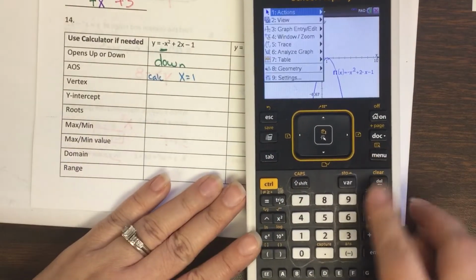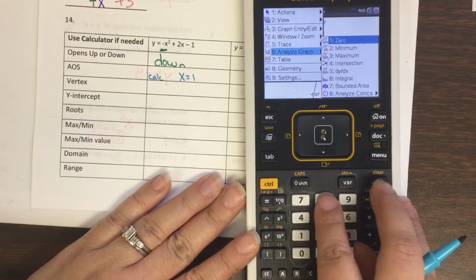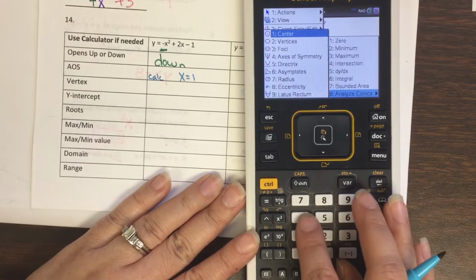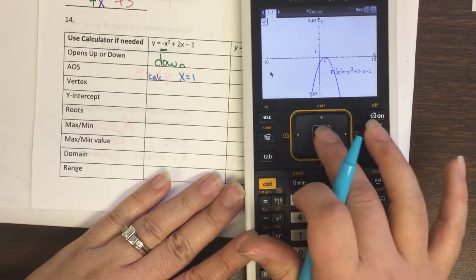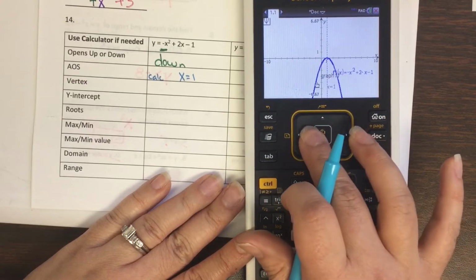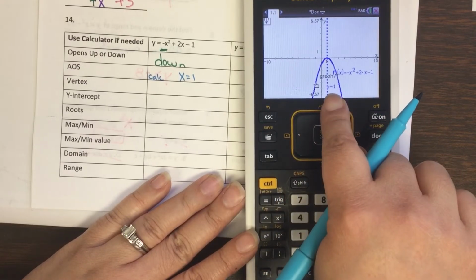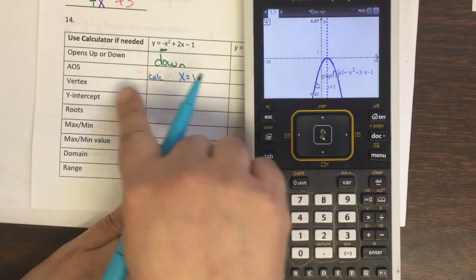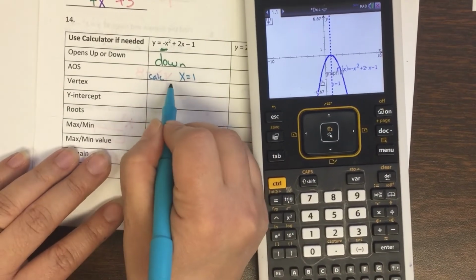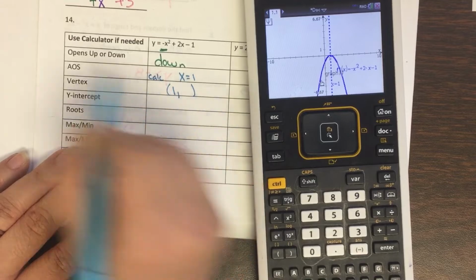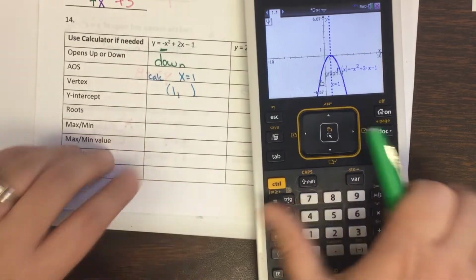Just to remind you, this would be menu, analyze, analyze, and then I would go to 4 for my axis of symmetry, and then I will click on the graph, and I see it has that x equals 1. My vertex, I already know my x value is 1. I need to get the y value, okay?